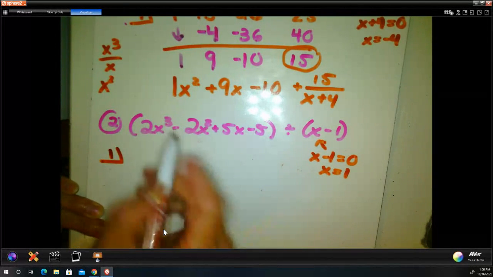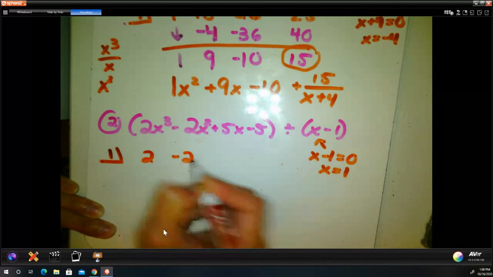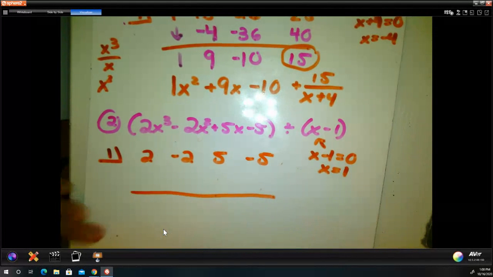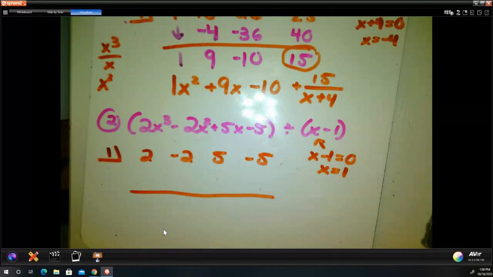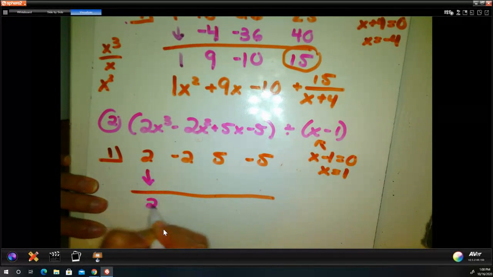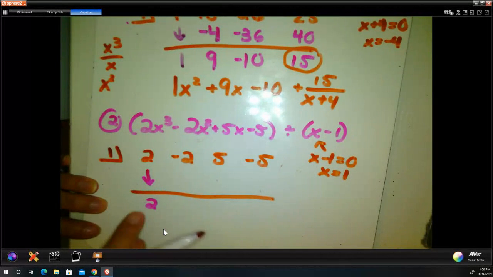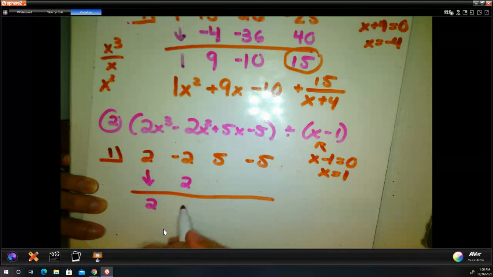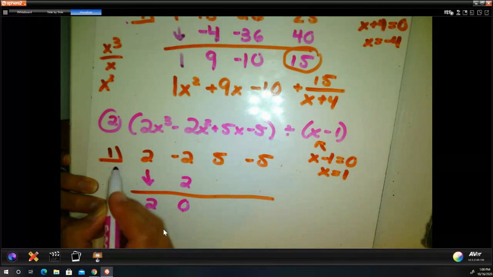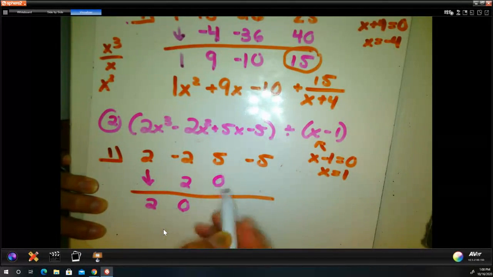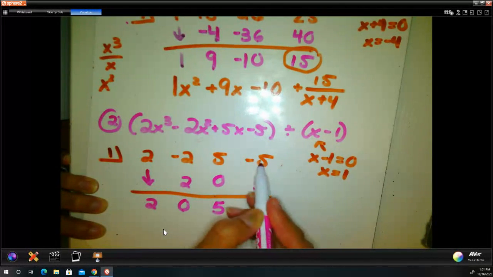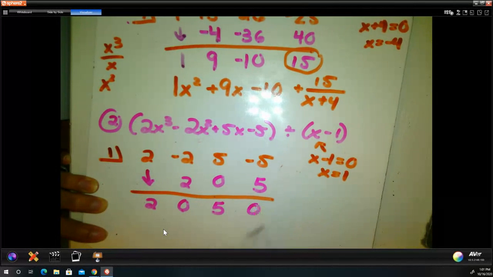So then I'm going to write my coefficients, 2, negative 2, 5, negative 5. Draw my line. All right, step 4, bring down the first number, multiply, add, repeat. So 2 times 1 is 2, negative 2 and 2 gives me 0. 0 times 1 is 0. 5 and 0 is 5. 5 times 1 is 5. Negative 5 and 5 gives me 0.